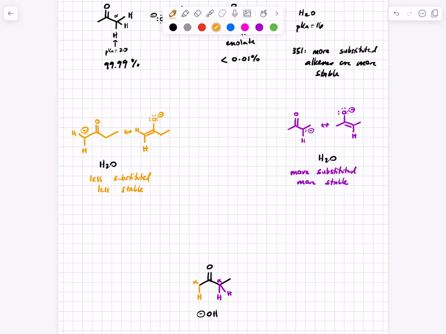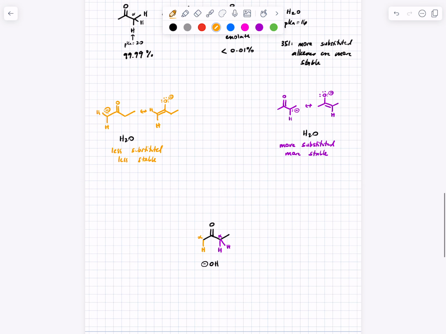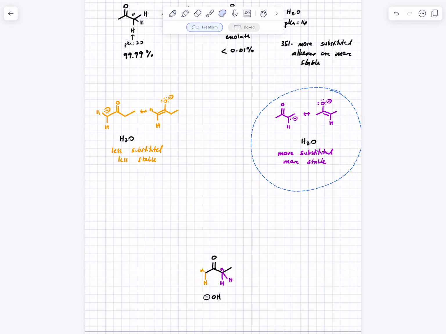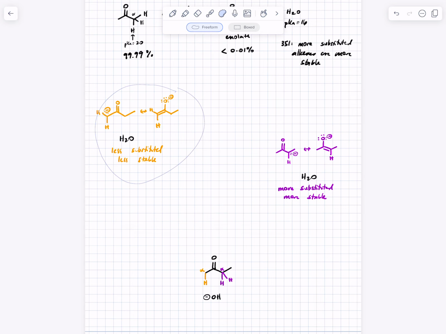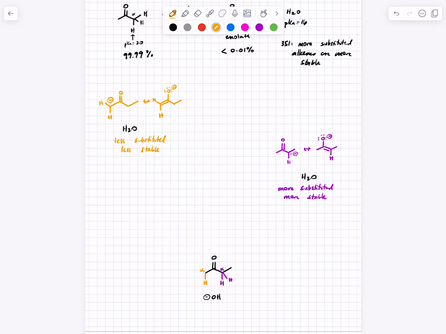Now, both of those two enolates are themselves still higher in energy and less stable than starting material, but the purple enolate should be a little bit lower than the orange enolate. So, oops, didn't circle everything. So we'll draw our energy diagram this way. We'll put the energy level of the orange enolate there.